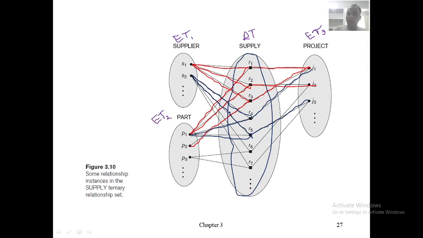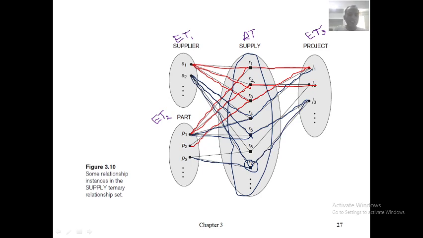See here now. If you take any relationship set, what will you understand? Supplier 2 is supplying part 3. For which project is he supplying? He is supplying to project 3.